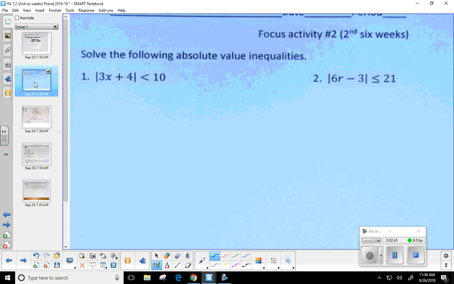So here's what it means. I've got the absolute value of 3x plus 4 less than 10. I'm going to write the inequality exactly as I said: 3x plus 4 is less than 10. It doesn't matter if it's less than or equal to. If it's a less than, you're going to use the same strategy. When it says nest, what it's referring to is what we call a compound inequality.